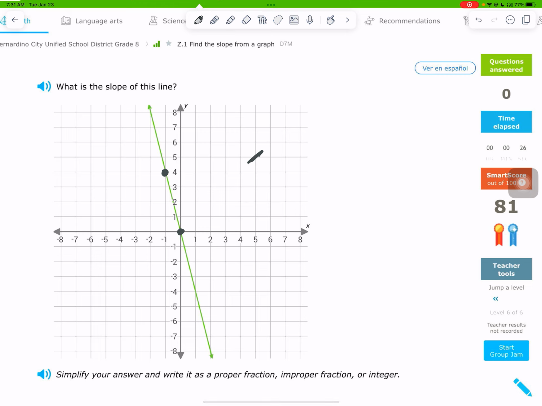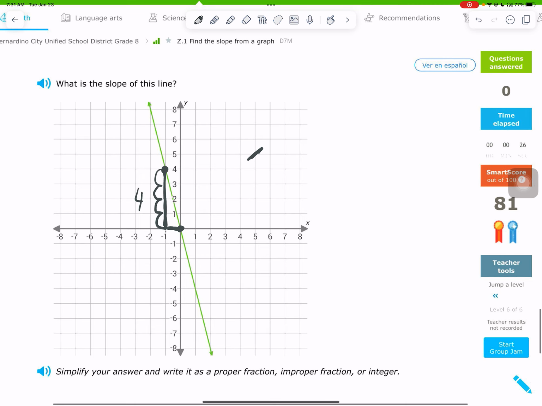I'm going to draw a right triangle connecting those 2 points. Okay, I drew my right triangle. Now I count my rise, 1, 2, 3, 4. I count my run, 1. I write my fraction of my slope as rise over run. In this case, it is 4 over 1.